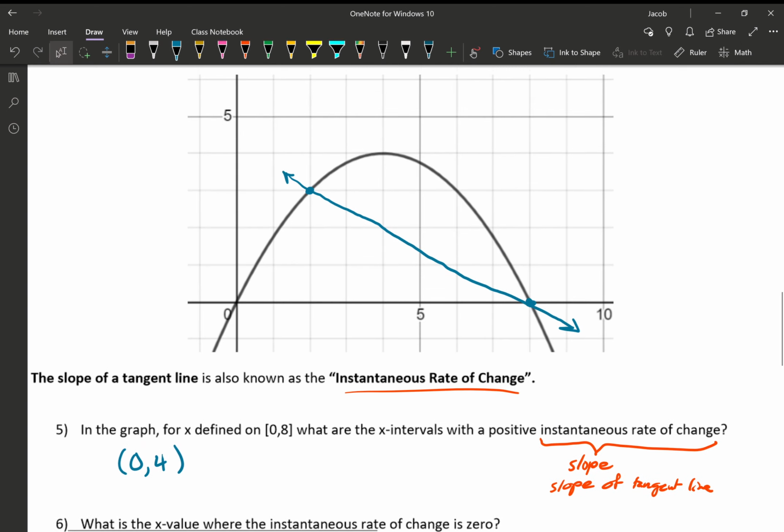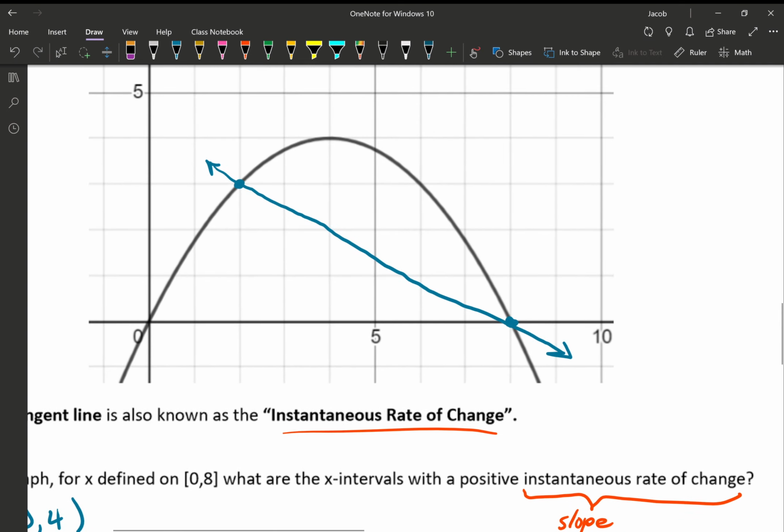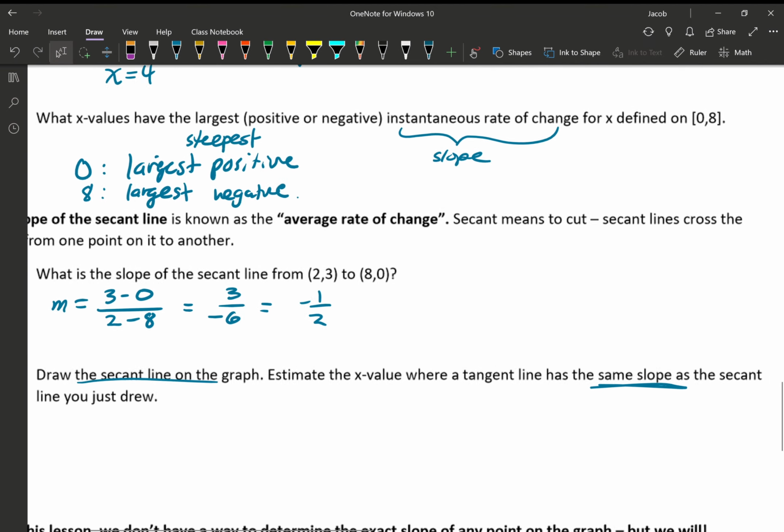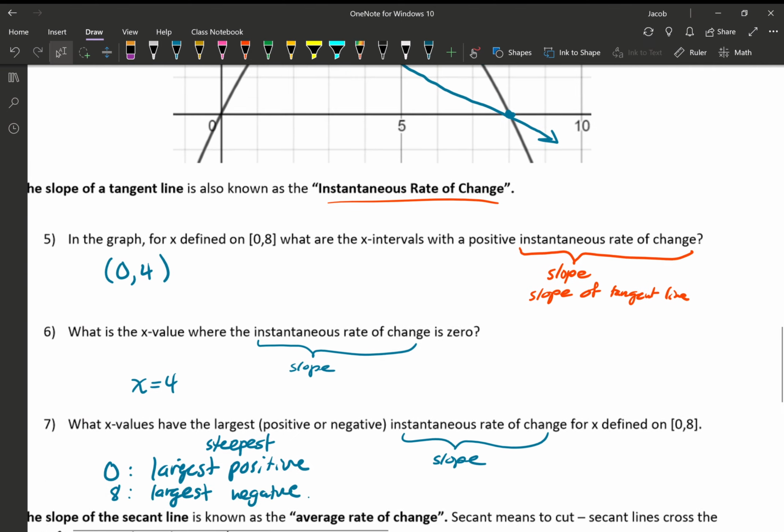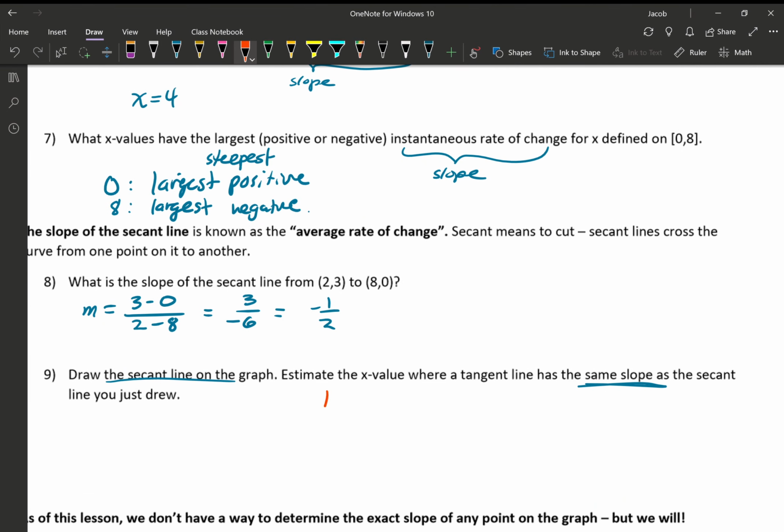So can you find a tangent line slope that equals the slope of the secant line? Can you guess? I'm going to put my guess down. I think it's somewhere in here, to where these two slopes are parallel. Remember, if slopes are equal, then those lines are parallel. So this means parallel slopes.